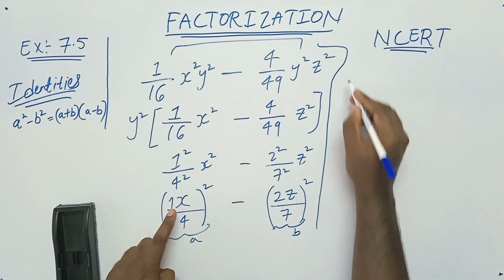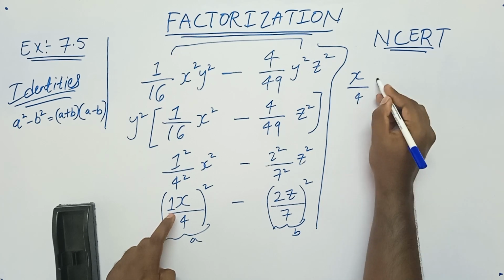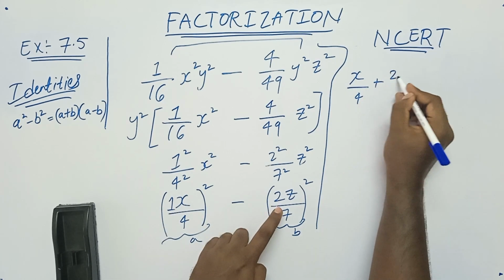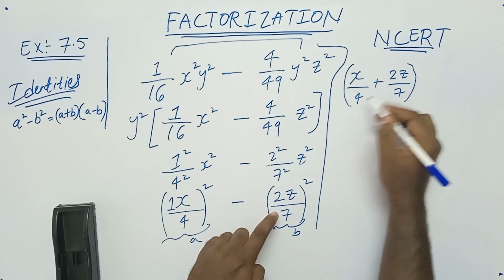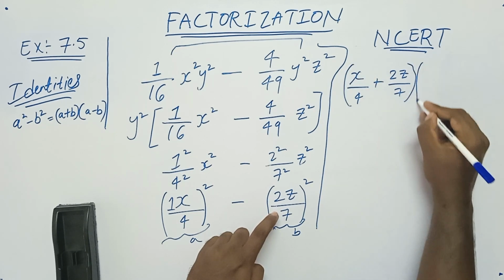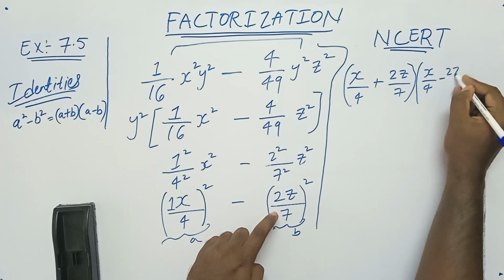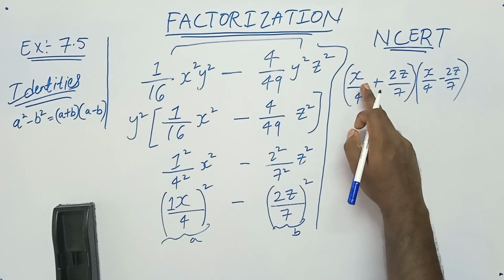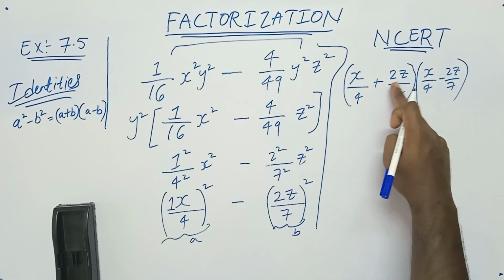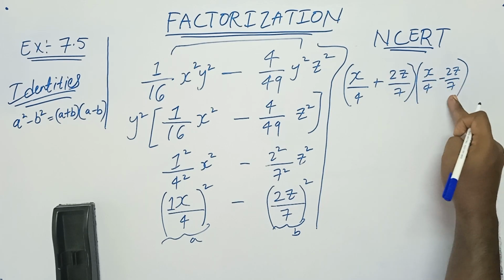A value x upon 4 plus 2z upon 7, a plus b into a minus b, 2z upon 7. So we got x upon 4 plus 2z upon 7 times x upon 4 minus 2z upon 7.